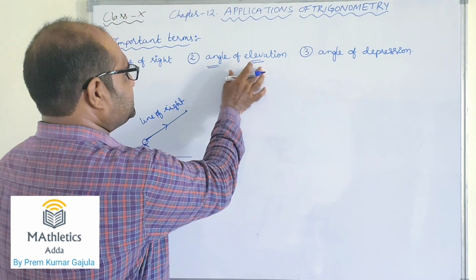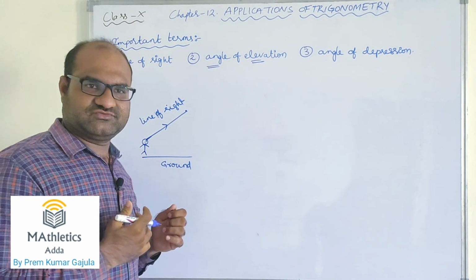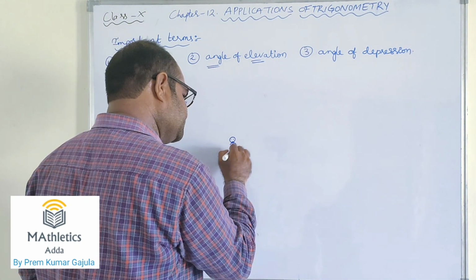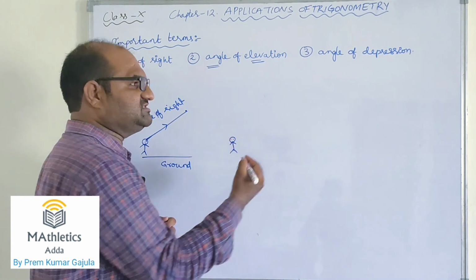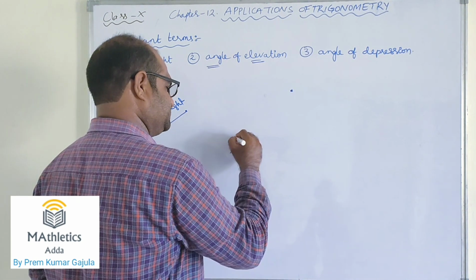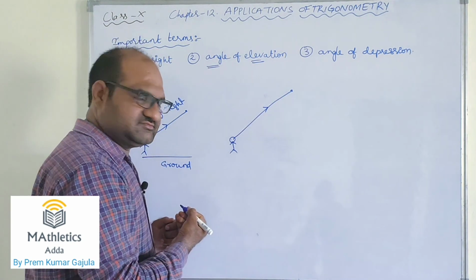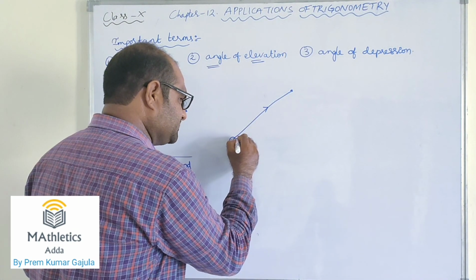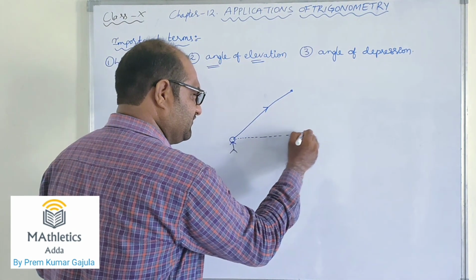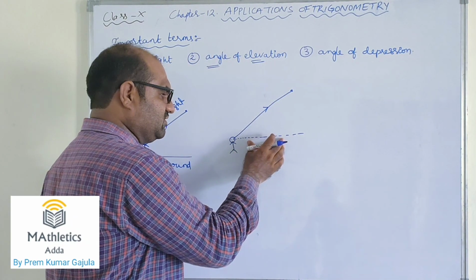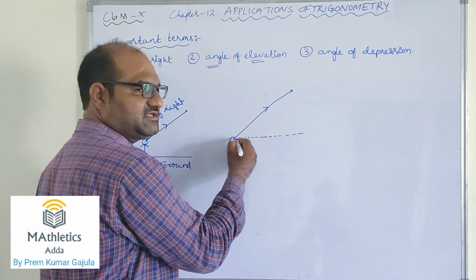Next, what is an angle of elevation? For example, an observer is here and he is watching an object in the upward direction. We can draw one horizontal line from his eye. One horizontal line we have to draw from the eye of the observer.